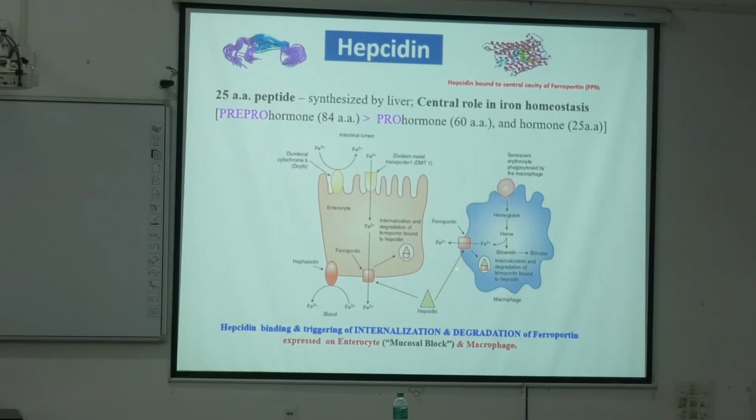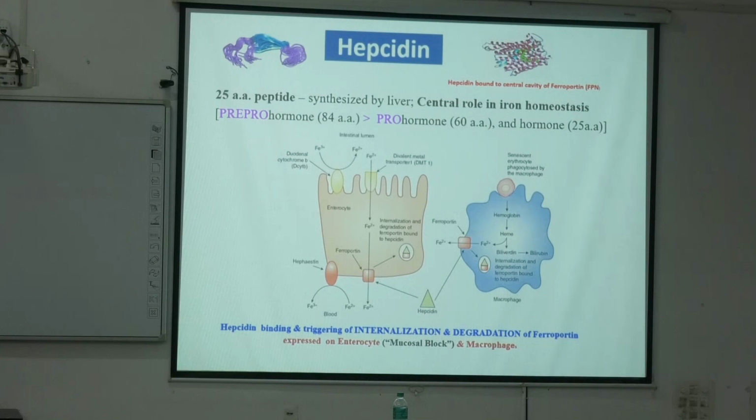So when the blood level of iron is very high, hepcidin also is increased. What does hepcidin do? Hepcidin binds and triggers internalization and degradation of ferroportin, which is expressed in the enterocyte and in the reticuloendothelial cell.